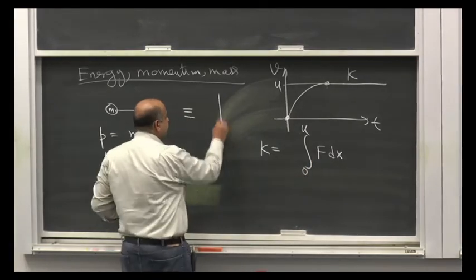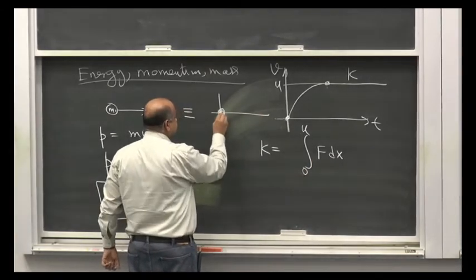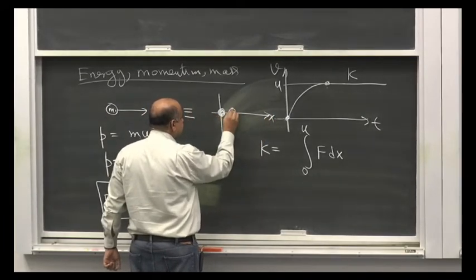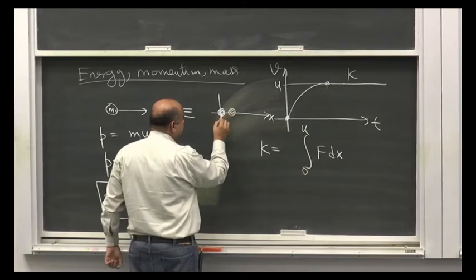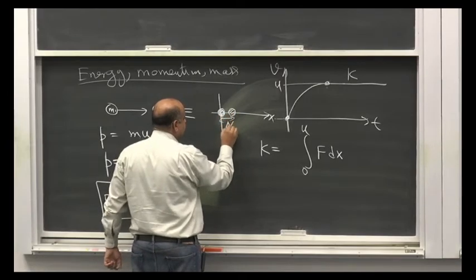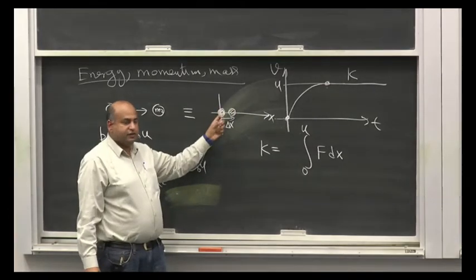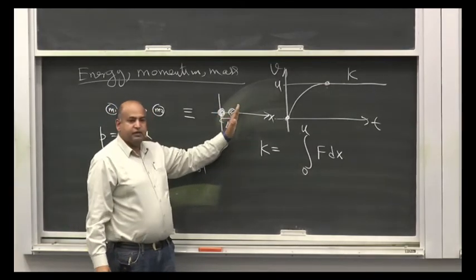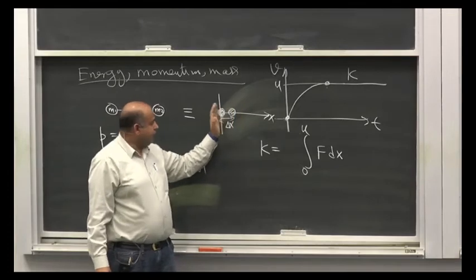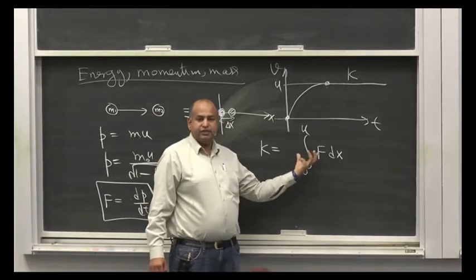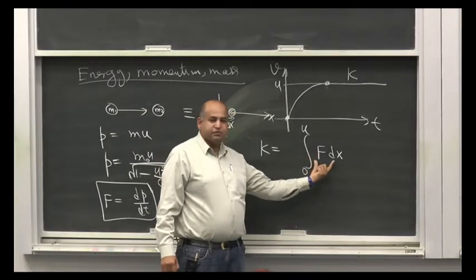Let's say if I take the physical situation, this is the mass, and this is the x-axis. It's moving when it comes from here to here. In this small distance delta x, let's say I applied force F; F delta x is the work. Now when it goes from here to here, I applied another force, so I add all the work done, and adding is by integral in general. So this actually sums up all the work done.